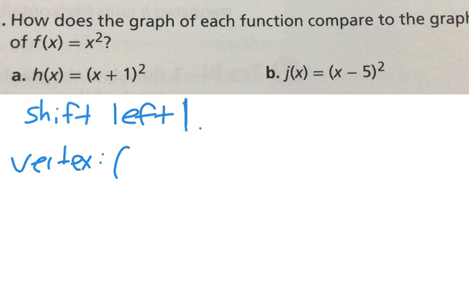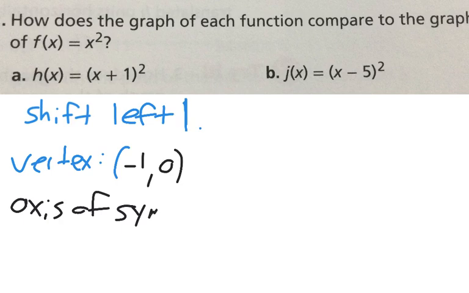So the vertex is -1, 0. And the axis of symmetry is x equals -1. Remember, an axis of symmetry is an equation of a vertical line. It's always x equals a number. You have to write all of that. You can't just say -1.